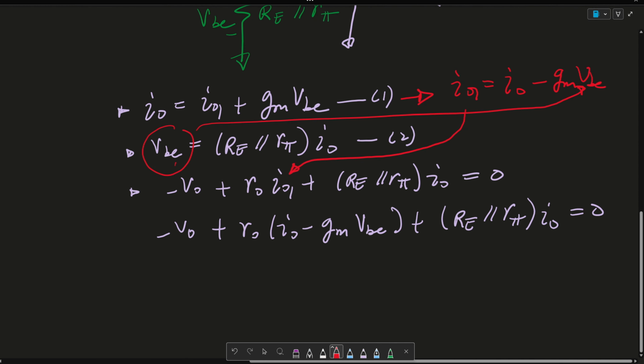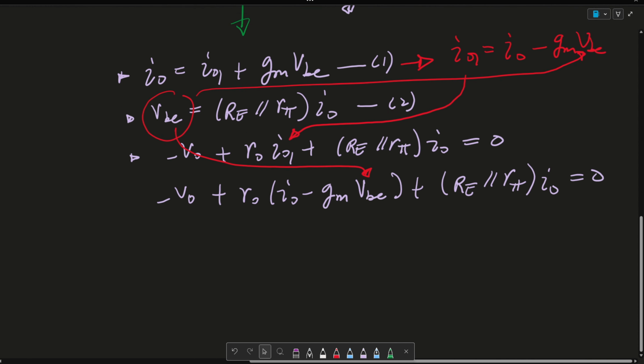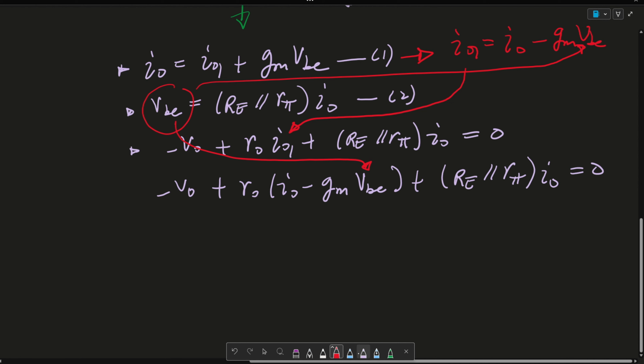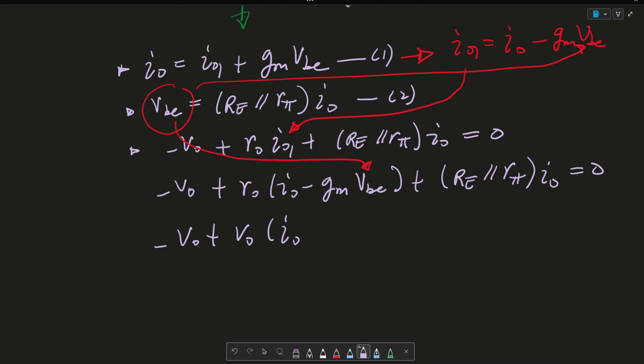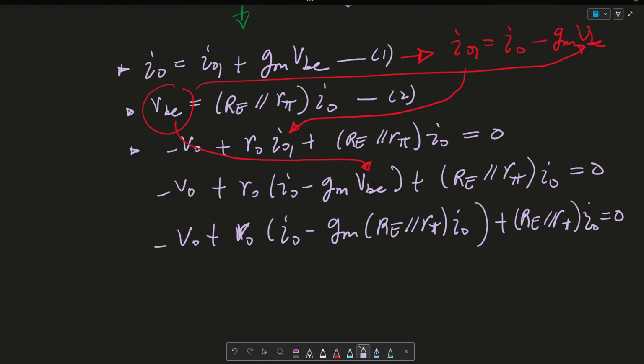Go ahead and plug in VBE here. So then we get minus VO plus RO times IO minus GM times RE in parallel with R pi times IO plus RE in parallel with R pi times IO is equal to 0.